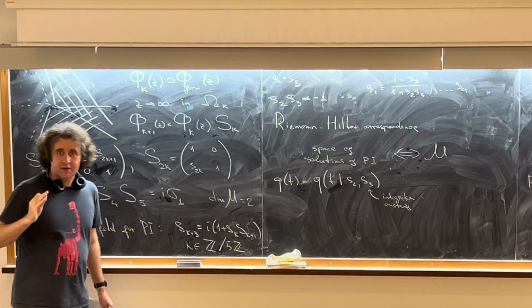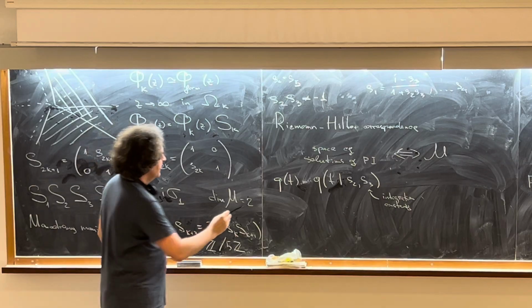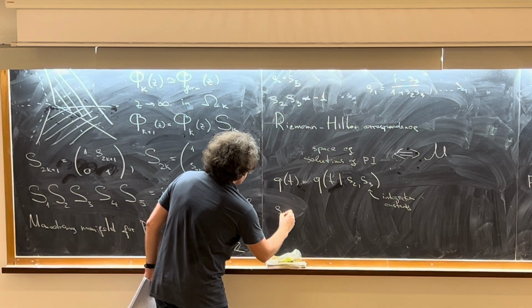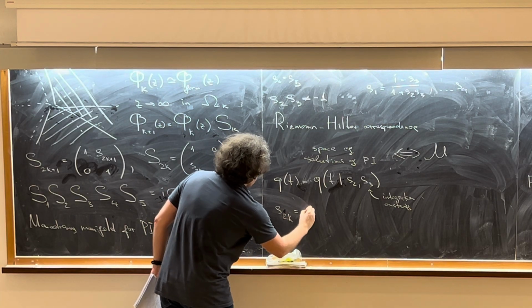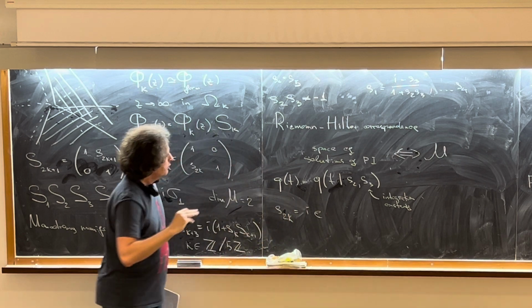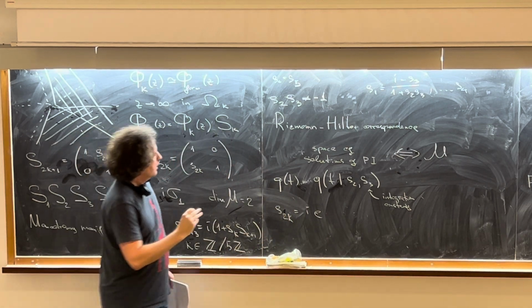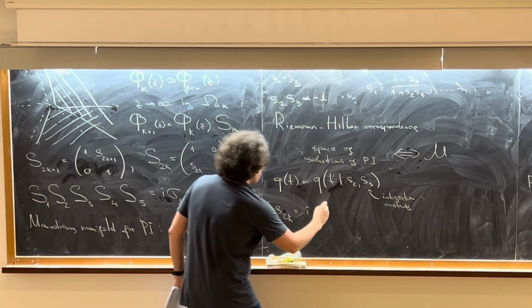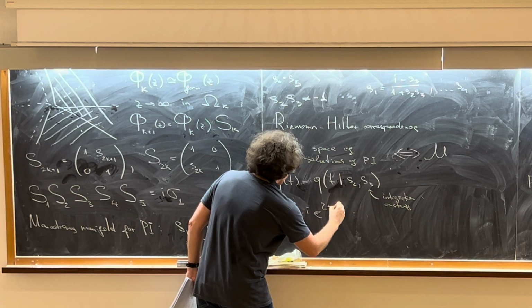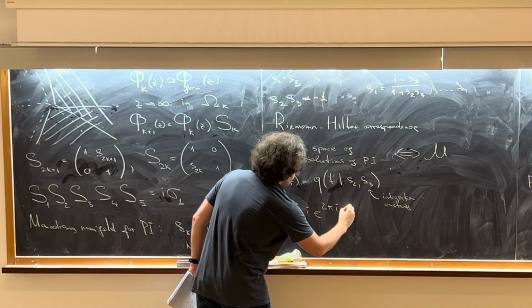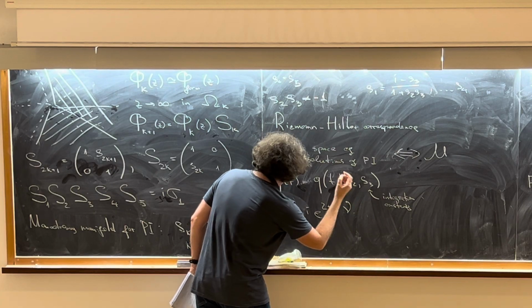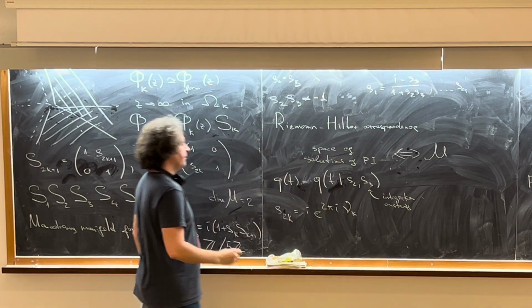Moreover, now the factors of I will appear. So I introduce instead of this S, the monodromy exponents in this way. S2k is equal to I times exponential 2 pi I nu k.